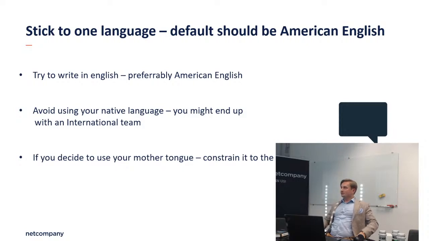And if you decide to use your mother tongue, generally constrain it to the model, names of the tables and properties and so on. Sometimes it's still considered good practice because if you're, for example, developing a program for the Danish government and you will be speaking with the customer as well, it's good to actually know the same names, especially if you're speaking the same language.